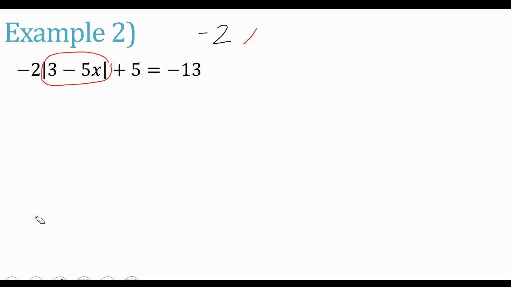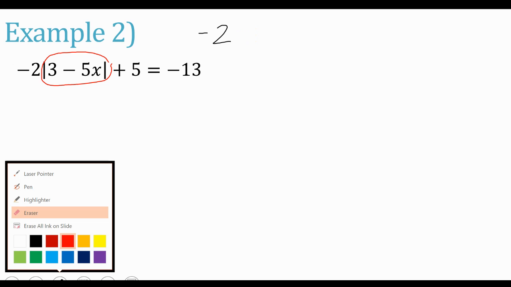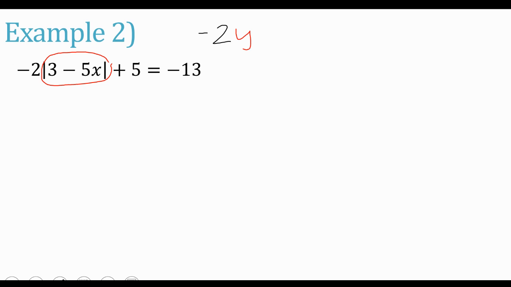I'm sorry about that. I don't want to call it the same variable that we're using in the actual equation. Negative 2y plus 5 equals negative 13. So all I did was instead of writing these absolute value bars, I wrote y, because I'm going to treat this like its own variable.